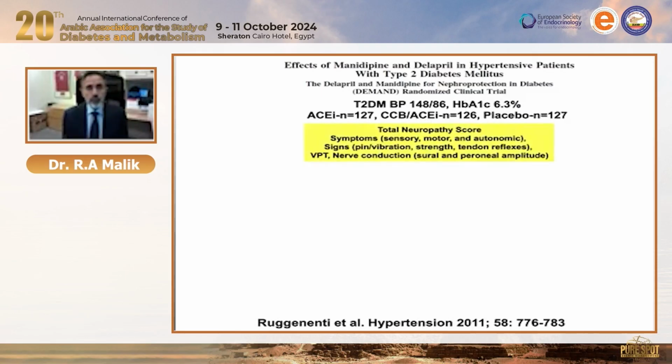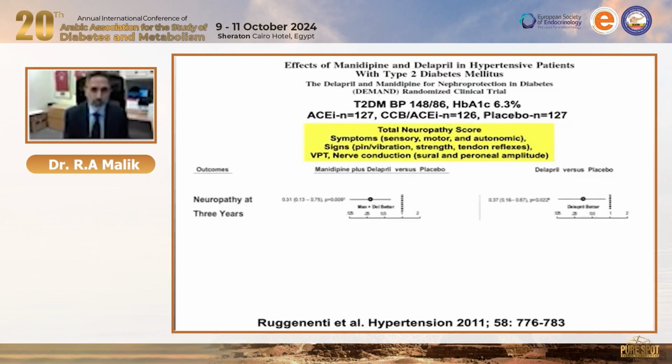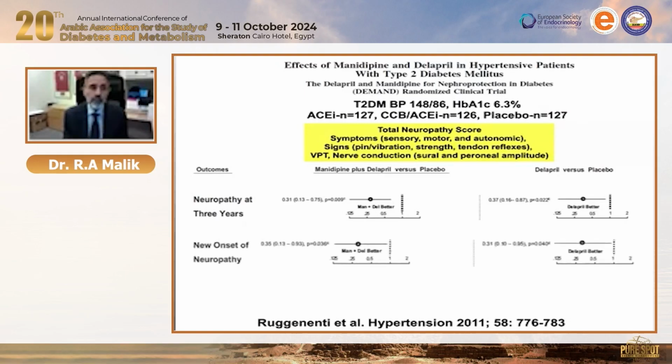And what they showed when they looked at neuropathy using total neuropathy score, symptoms, signs, vibration perception, nerve conduction, and the composite, is that in both the combination arm, manidipine plus delapril, and the delapril alone arm, there was a significant reduction in the overall prevalence of diabetic neuropathy, as measured by the measures that I've just stated, by almost 70%. And even new onset of neuropathy, that is the development of neuropathy, was reduced again by about 70%.